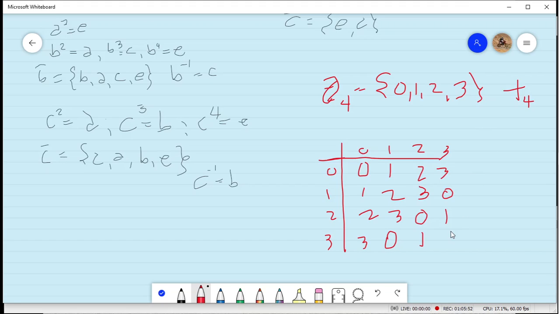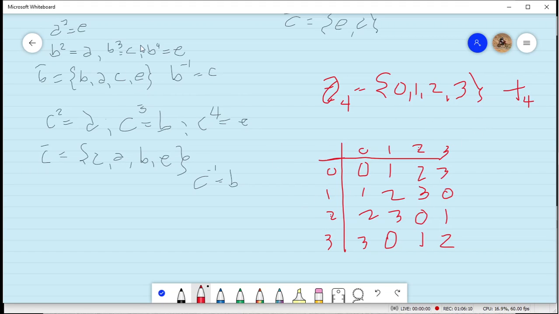And then 3 plus 3 is 2. So here you see that only 2 is the inverse of itself. Then for 1 and 3, their powers are all elements in the set.